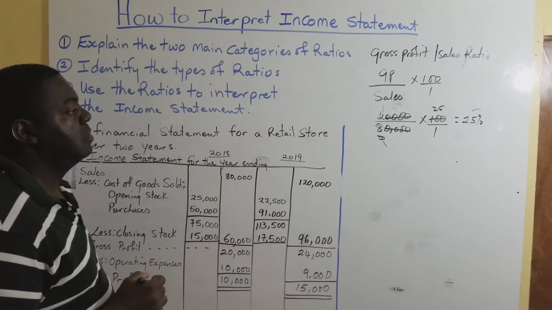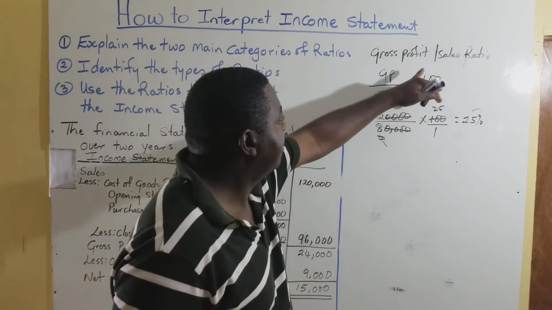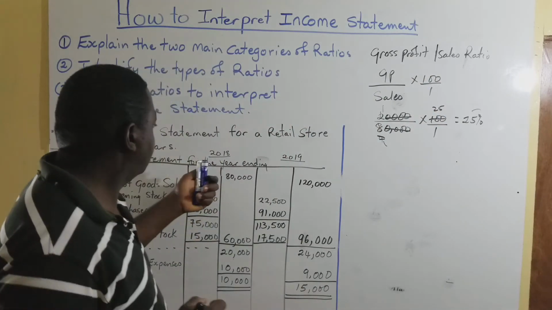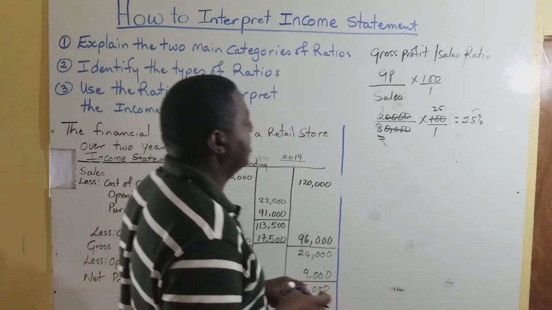So the gross profit as a percentage of the sales, or the gross profit to sales ratio for 2018, would be 25%, right?